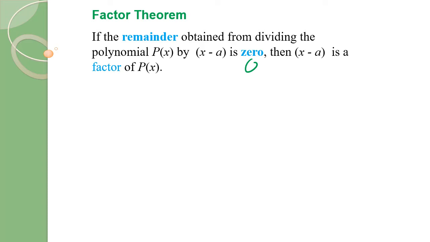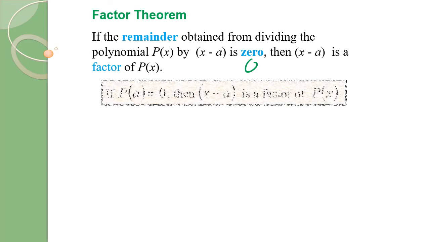If we substitute the value of a into the polynomial and we get 0, it means that we have remainder equal to 0, means that we don't have any remainder. So x minus a is a factor of the polynomial.